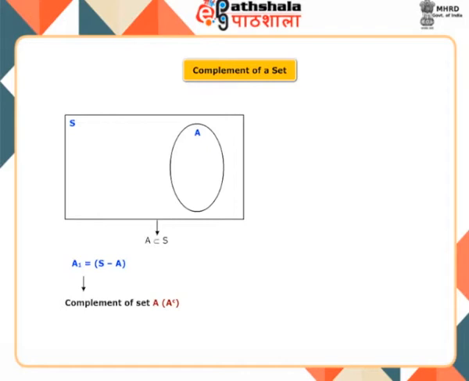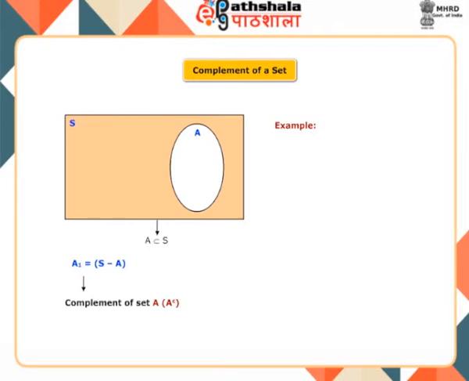In the figure, the rectangle represents the space S and A is its subset, as all the elements of A are also present in S. The shaded area includes all those elements which are present in S but not present in A. Thus, it is the complement of A, A^c.